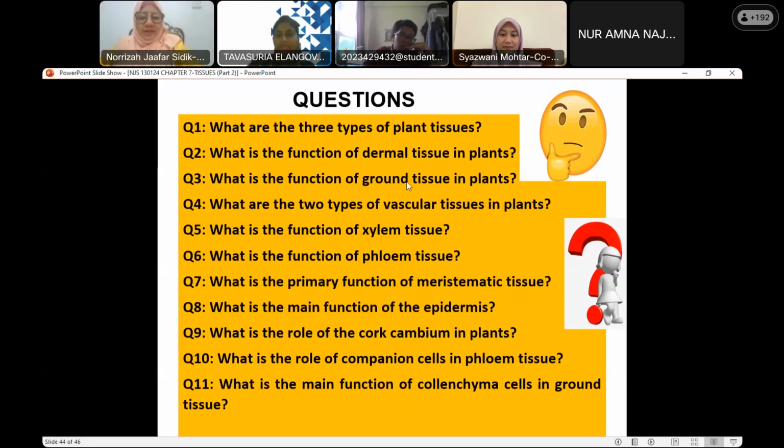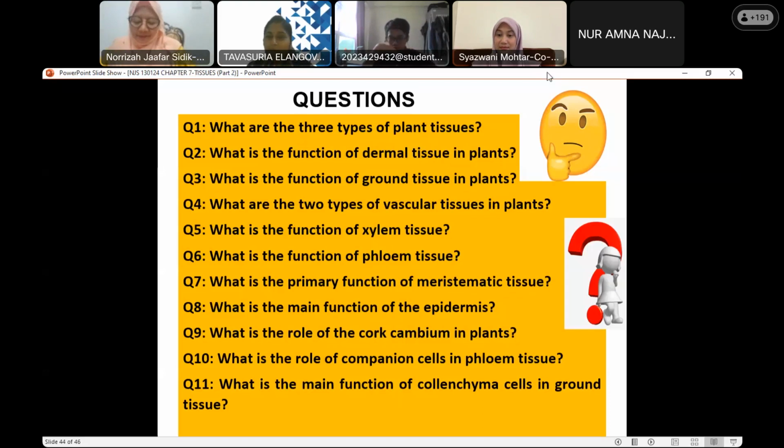Okay, what is the function of ground tissue in plants? Ground tissues? Anyone? At least one function. Yes. Danish mentioned rigid support. Okay.